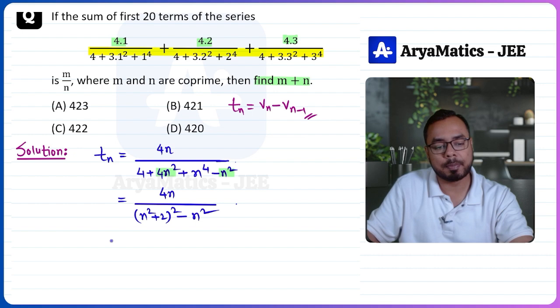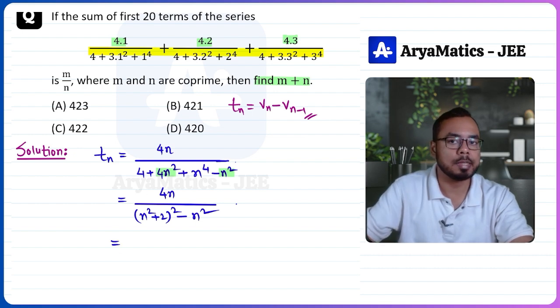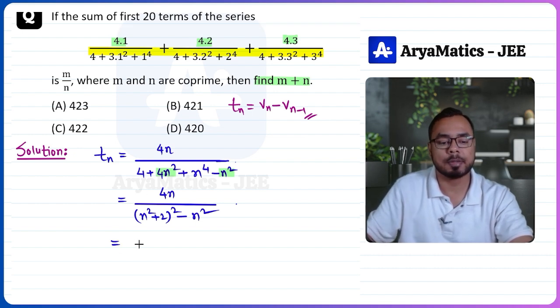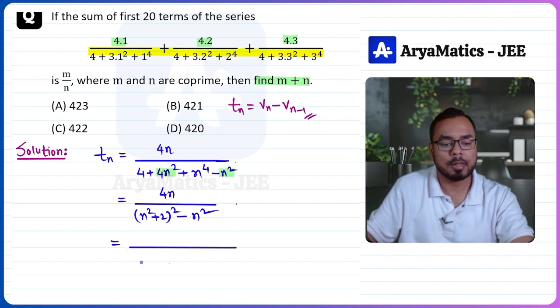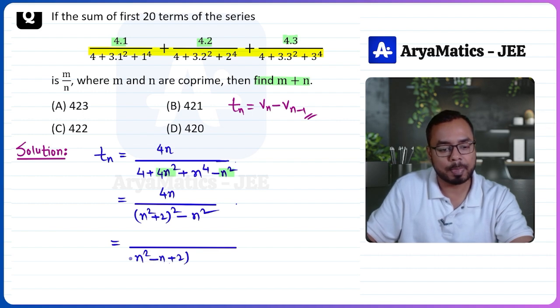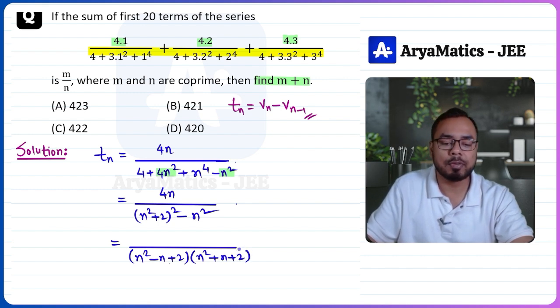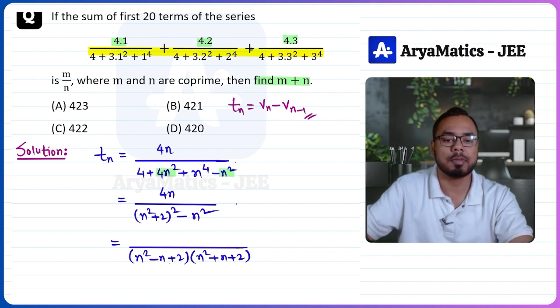Now in the next step, in the denominator you can easily see the factors a plus b into a minus b. Then you have n square minus n plus 2, that will be one term, and the other one n square plus n plus 2. Also, if I take the difference of these two factors in the denominator, you will get 2n.